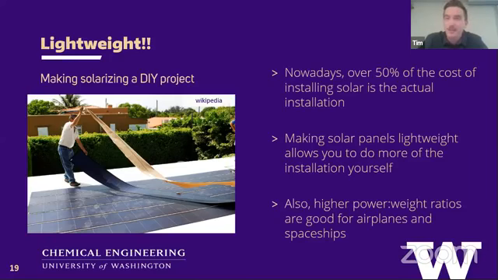You have these very specialized cars that you can race in the Arizona desert where it's sunny all the time, and those are completely solarized. But for everyday driving, it doesn't make a ton of sense to install all these solar panels on a car.